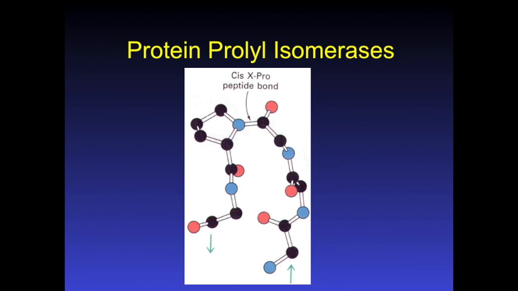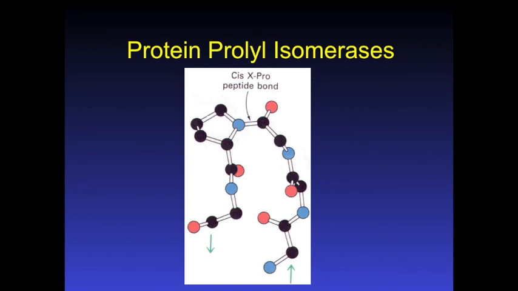How often do we see cis in proteins? A little. About 6% of them are in cis conformation, and they usually are there to provide a structural component that we need for protein function. So sometimes they're in trans, sometimes they need to be in cis.